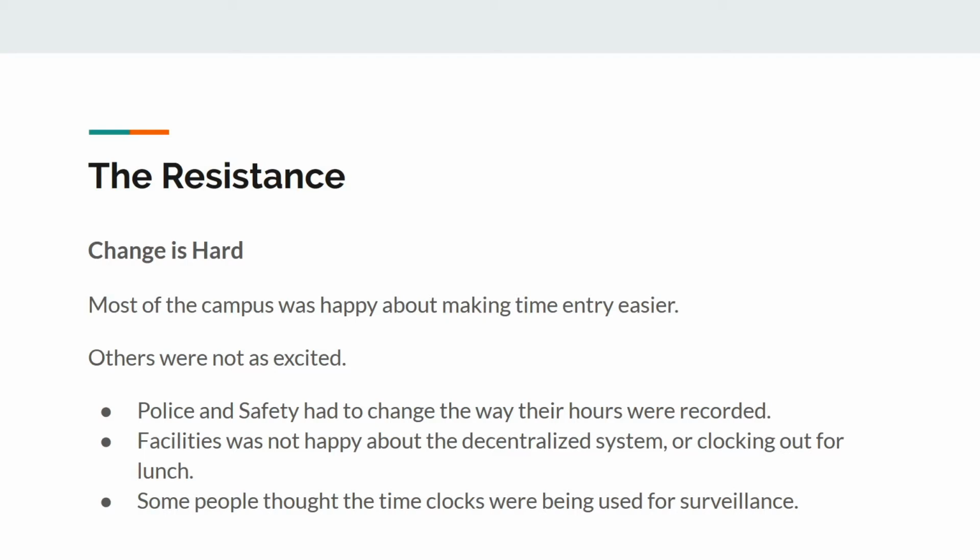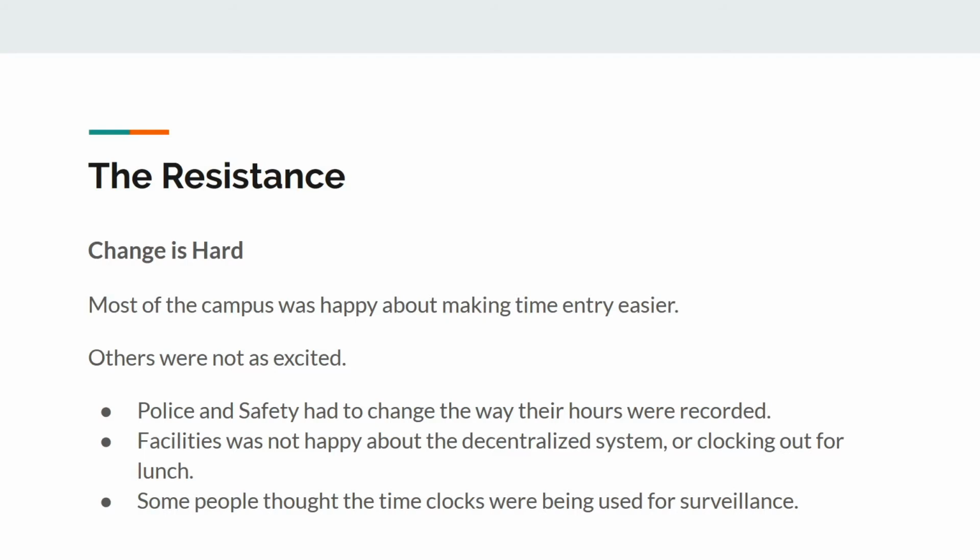And there was no question of where somebody was clocking in or clocking out. Also, they didn't actually clock out for lunch before. They'd clock in the morning, clock out in the evening, and then as the administrative assistant was entering the time into Banner, she'd just take the half hour off of their total time for lunch. So that was a sticky thing.